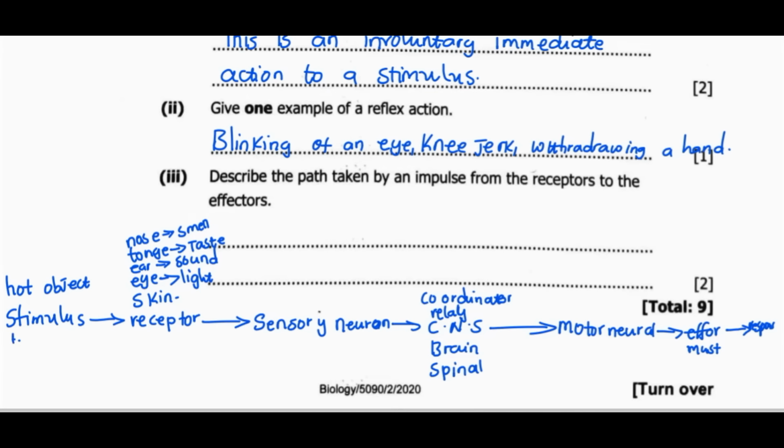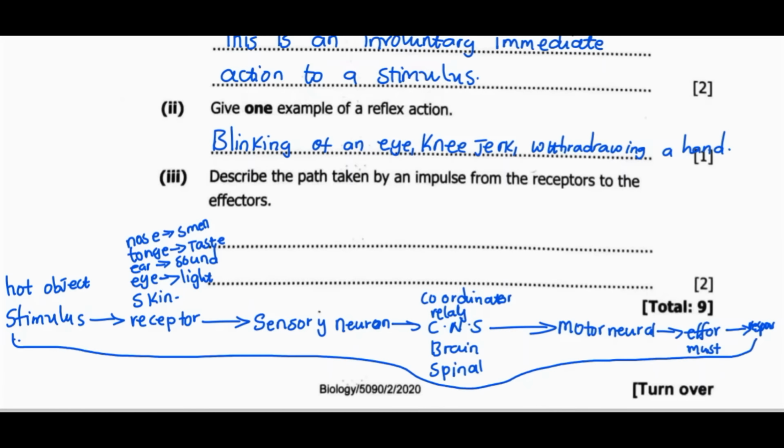So from here all the way up to the response, this is what we call the path taken by an impulse from the receptors. Now if you look at a relay, you need to view it like some of the sports that you've once undergone. There is that running race where you have a baton.